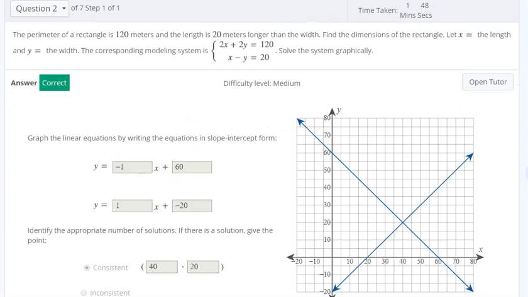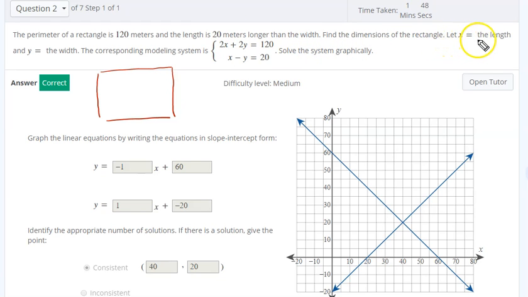Now, in this next example, we're given a rectangle. And you might think of a rectangle here, where the dimensions are 20 meters longer than its width. Find the dimensions of the rectangle.